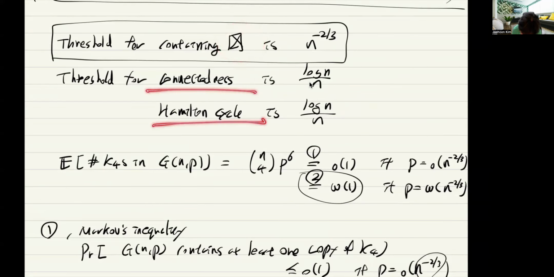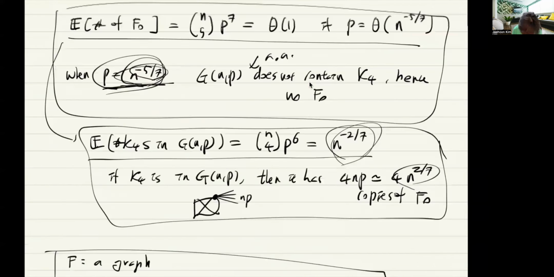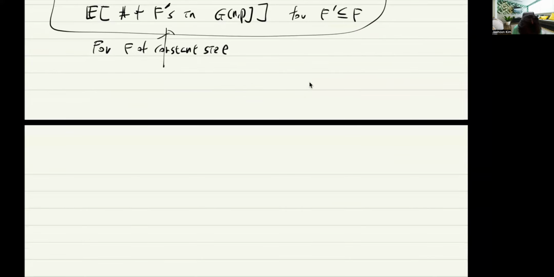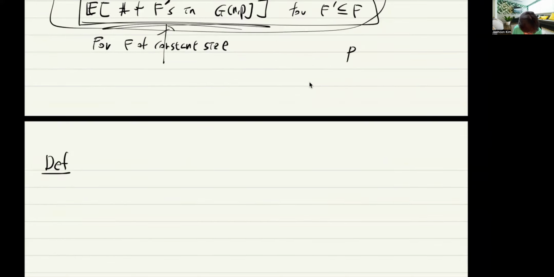On the other hand, connectedness or Hamilton cycle is not fixed, the size is growing. So unlike this case, if you just consider a fixed graph, this strategy of considering all subgraphs gives you what you want. In other words, you compute this for all your subgraphs, and then you find the p which makes all of these expectations at least some constant, say 1, and that will give you a threshold.